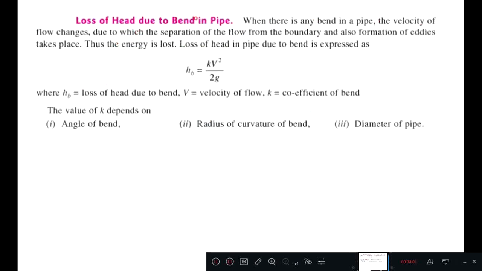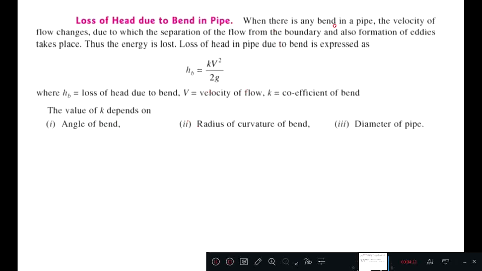Then the loss of head due to bends in pipes. Many a times if we want to change the direction of flow, then bends are provided. Due to the bends provided in a pipeline there is a loss.